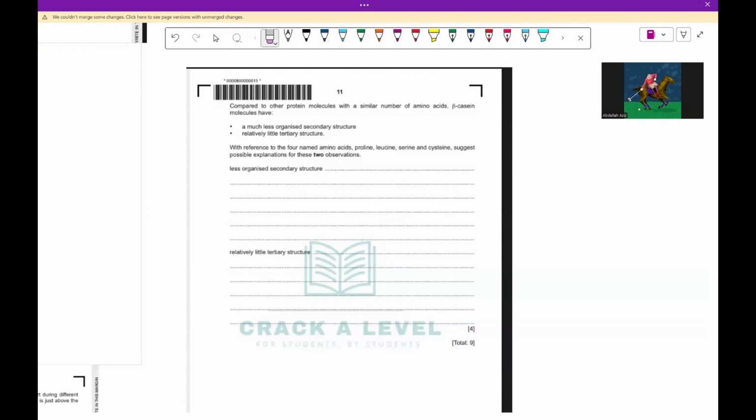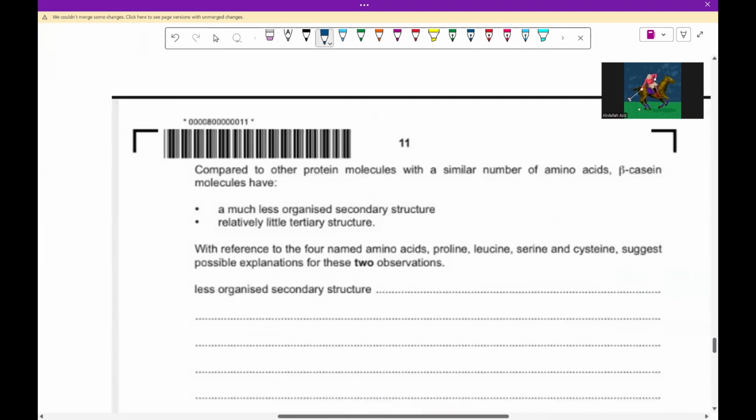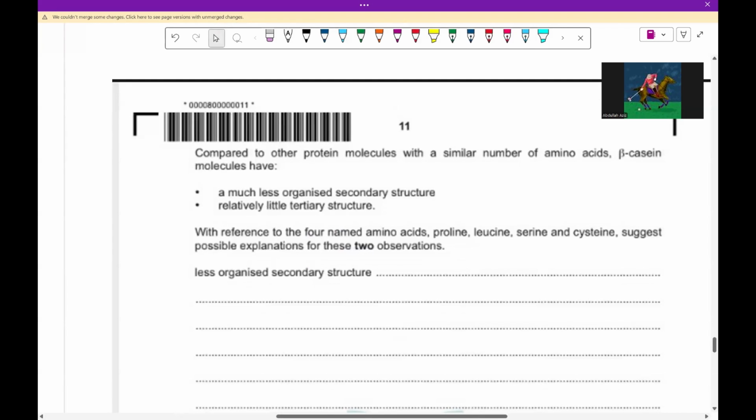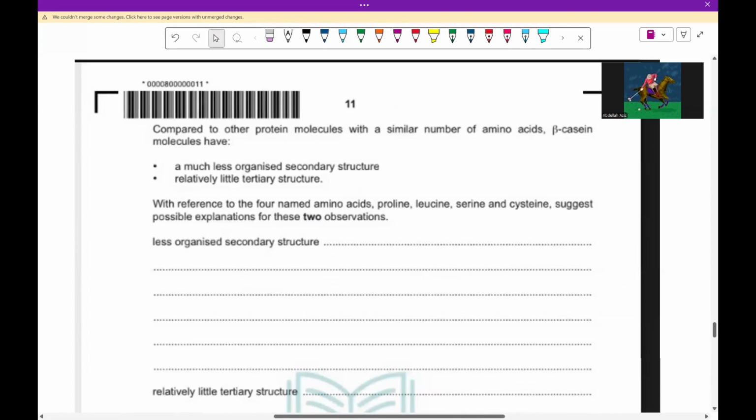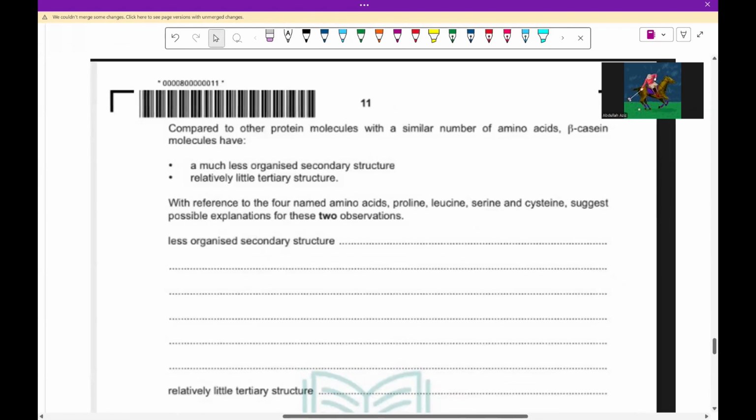Compared to other protein molecules with a similar number of amino acids, beta-casein has a much less organized secondary structure and relatively little tertiary structure. The reference to the four named amino acids, proline, leucine, and cysteine, suggests possible explanations for these two observations.